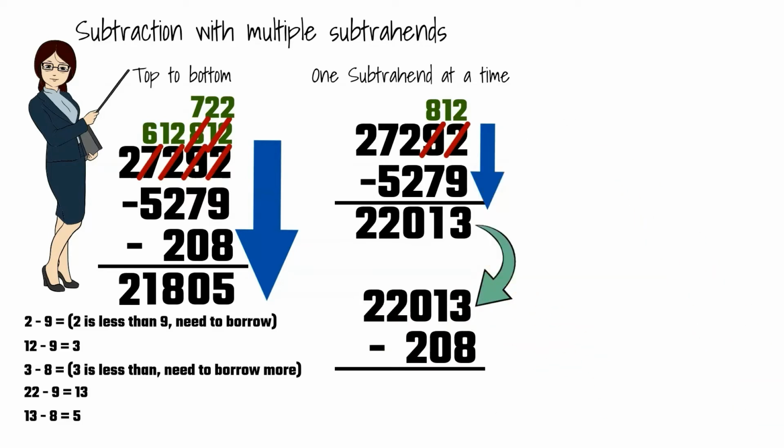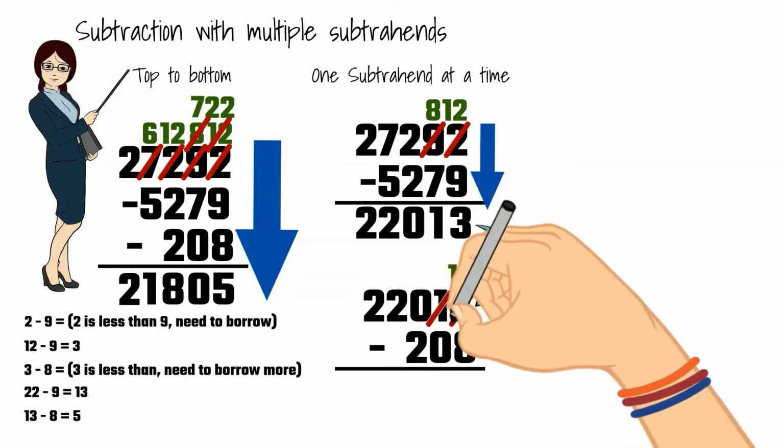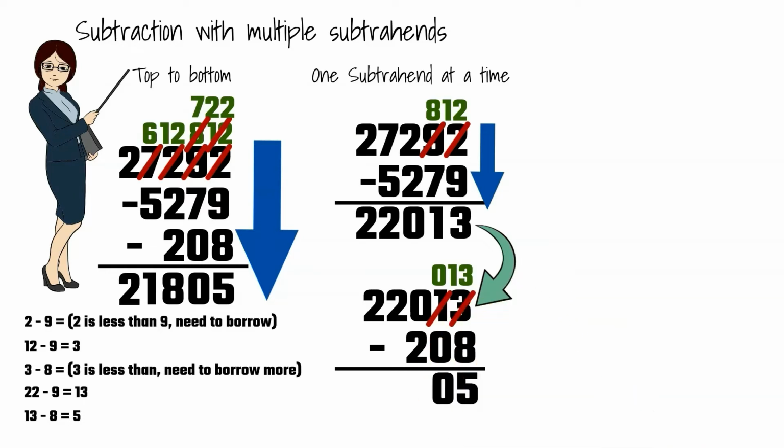3 minus 8. 3 is less than 8. Borrow 1 from 1. 3 becomes 13 and 1 becomes 0. 13 minus 8 equals 5. Next. The new digit in the next place value is 0. 0 minus 0 equals 0. Next. 0 minus 2.